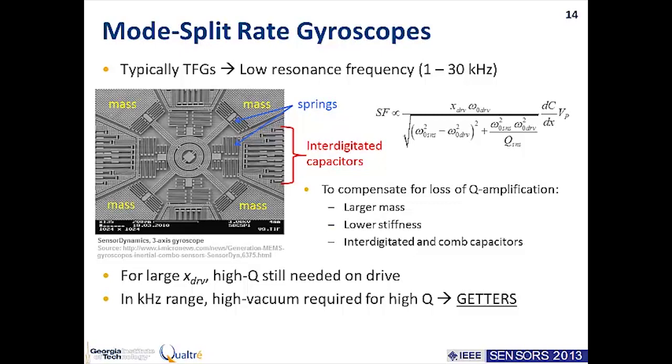And to do this, you need a very high vacuum environment. And obviously, in order to achieve this, you probably need to use getter type structures in your package to make sure that the vacuum environment doesn't change over time, and this can add some cost to the processing.